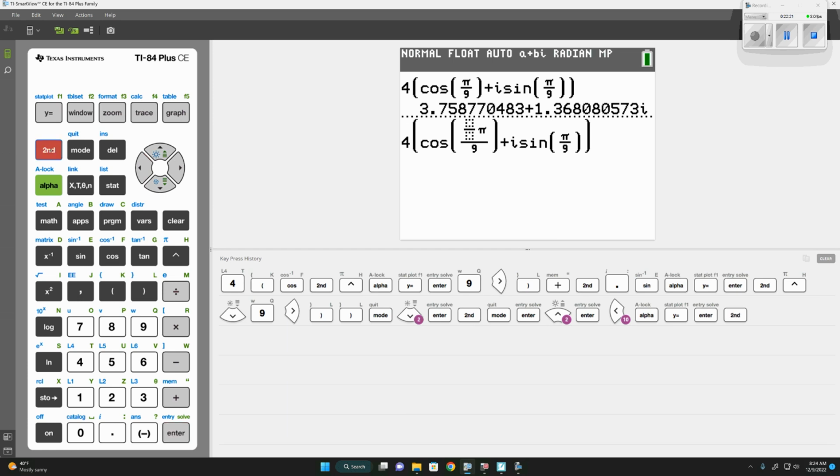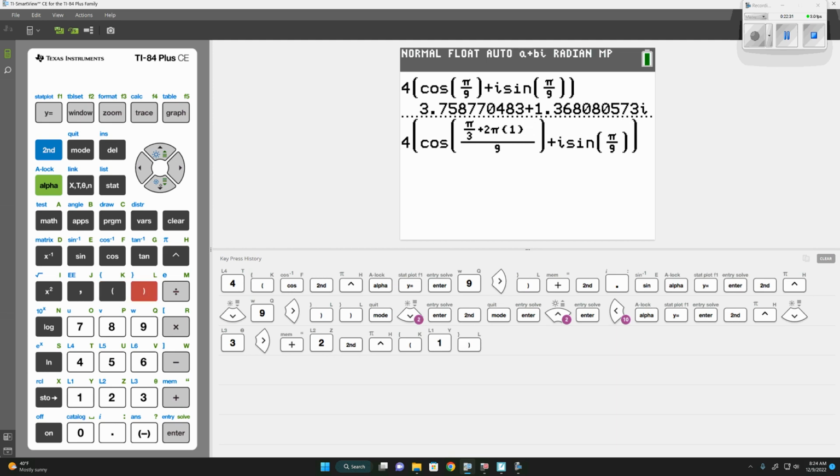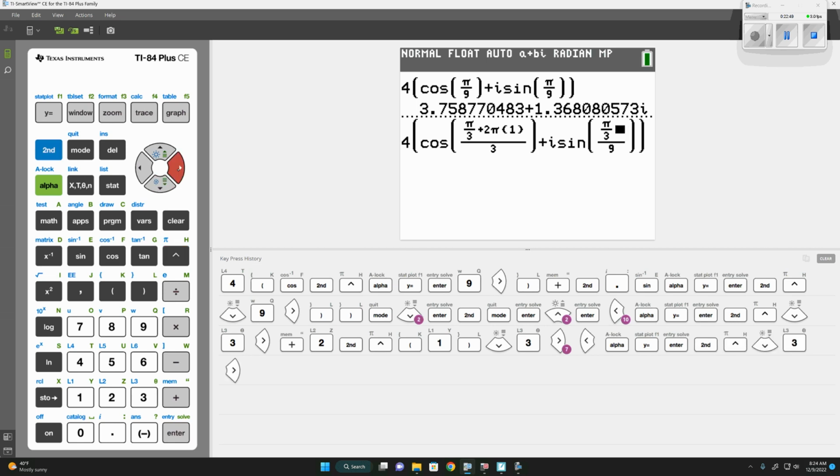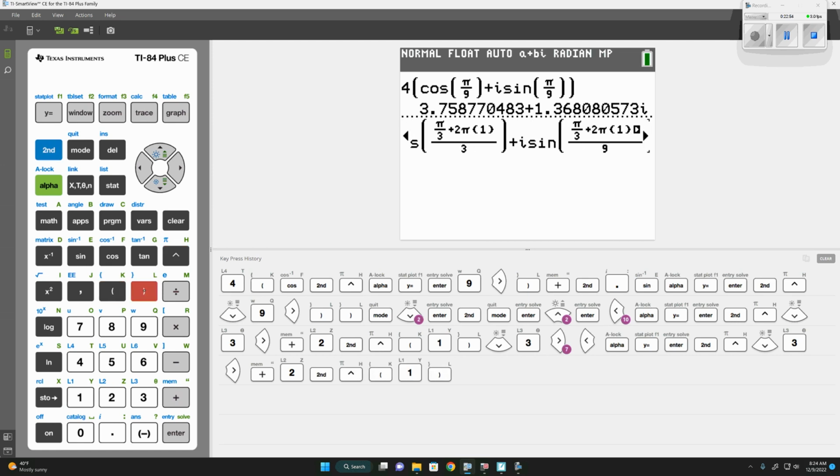Because we have pi over 3 plus 2 pi times 1 over 3. I'm just plugging it in as we have it. Then on the next one, I can do the exact same thing. Alpha y equals enter. Second pi over 3 plus 2 pi times 1 over 3.